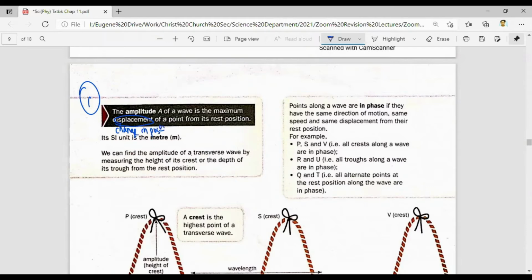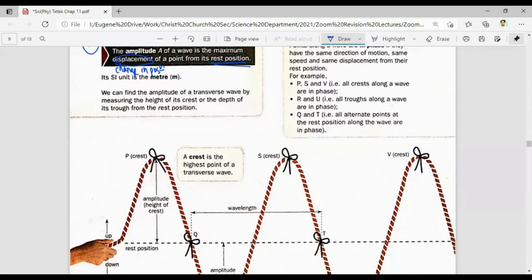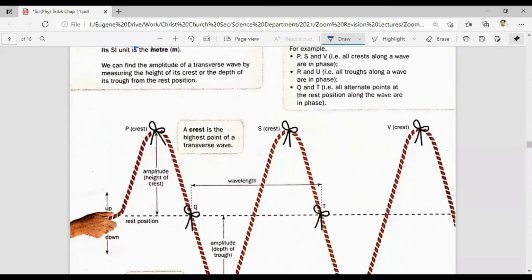Okay, it's the maximum change in position of a point from its rest position. Now, in this whole thing here, first thing you need to know, where is the rest position? So this thing in pink is the rest position. So if the rope is not being moved up and down, actually the rope will just be along this straight line over here, and that's what we call the rest position.